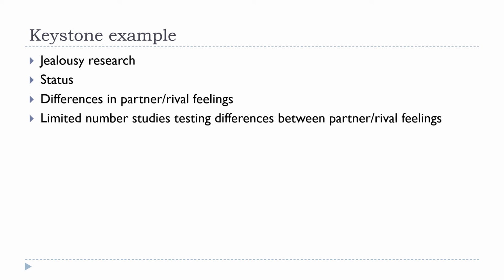So I already had a limited number of studies that actually explored and measured separately partner and rival feelings, which would mean that I would spend more time and energy on those particular studies in order to distinguish what the research had shown in terms of how those things can differ from one another. And furthermore, only one of those studies that I found was specifically exploring status differences when measuring differences between partner and rival feelings.